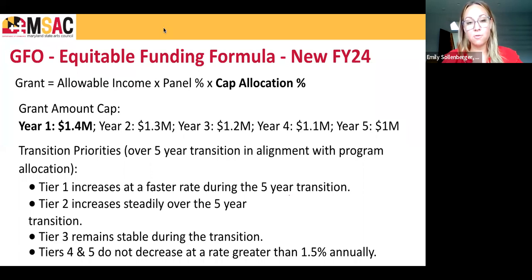And those in tier 4 and 5, so those are our larger organizations, do not decrease at a rate greater than 1.5% annually. So this is just a lot of math and different percentages and priorities that Laura and I will take into account as we determine the funding formulas in this upcoming year.